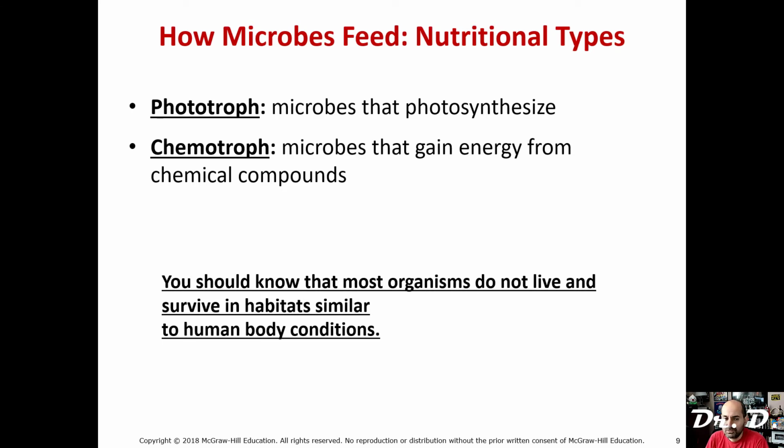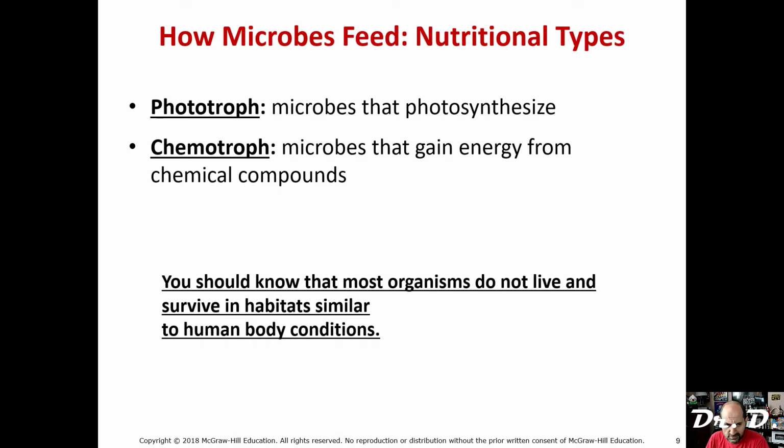Most organisms do not thrive in this environment. There are psychrophiles that enjoy cold temperatures, thermophiles that enjoy hot temperatures, anaerobic bacteria that exist where there's no oxygen at all, and all kinds of aquatic organisms as well.